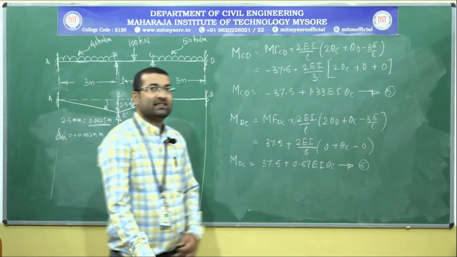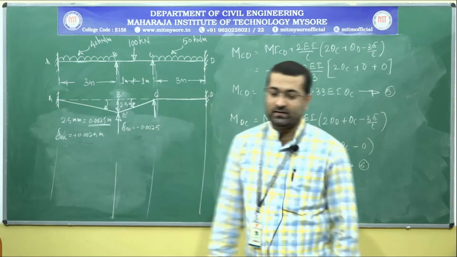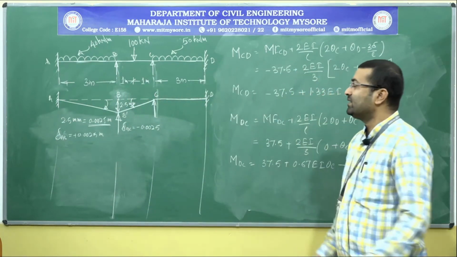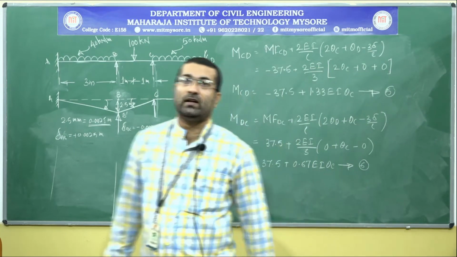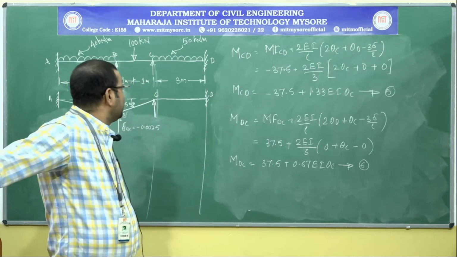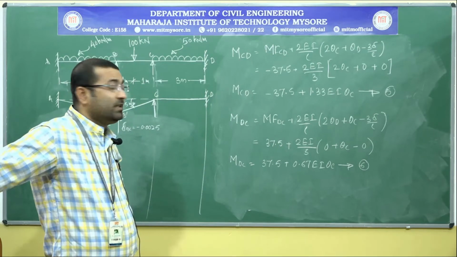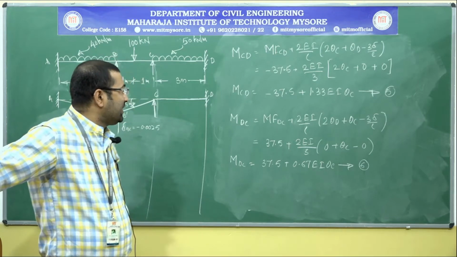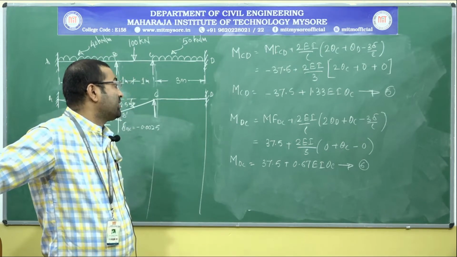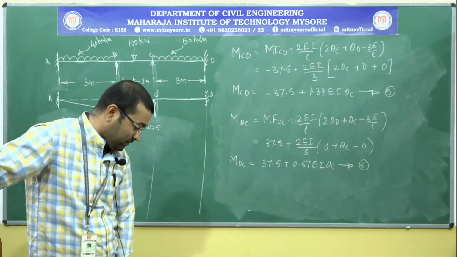So these are the 6 slope deflection equations, which you can also call the equations to determine the final end moments at ends A, B, C and D. We have to make use of these 6 equations to determine the final end moments.